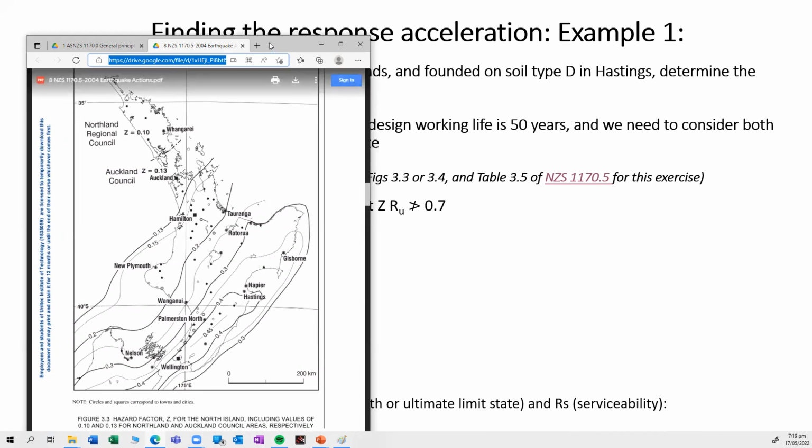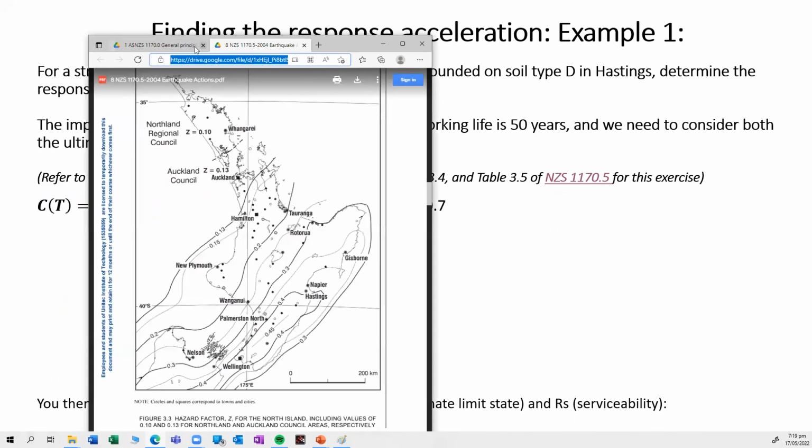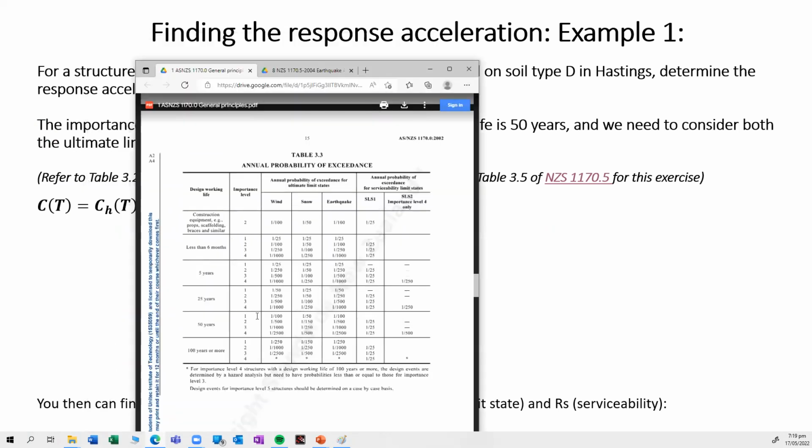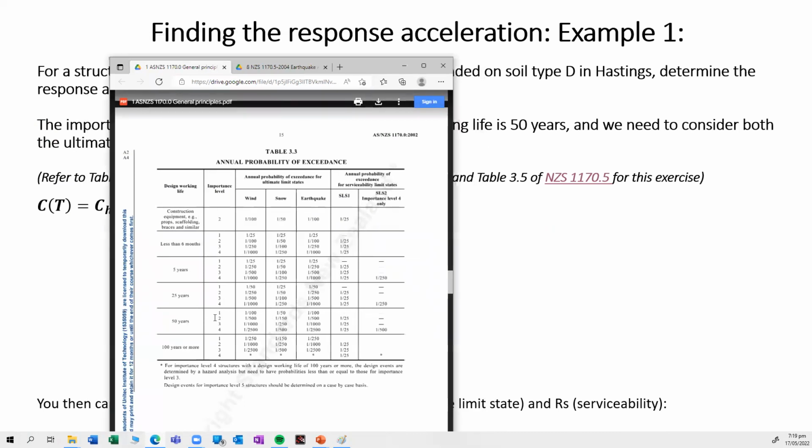Now let's look at our return period factors. We look at this code here, which you guys have some familiarity with. We're given an importance level of 2, we're just given that. Okay, and we're given a design working life of 50 years. So we're 50 years and we've got 2. Now, last week we looked at wind, this week we're looking at earthquake.